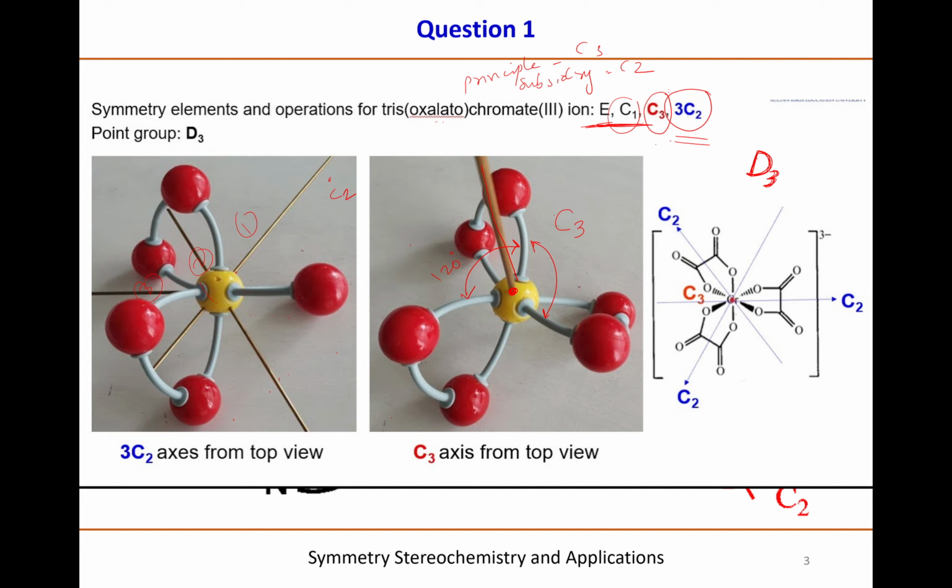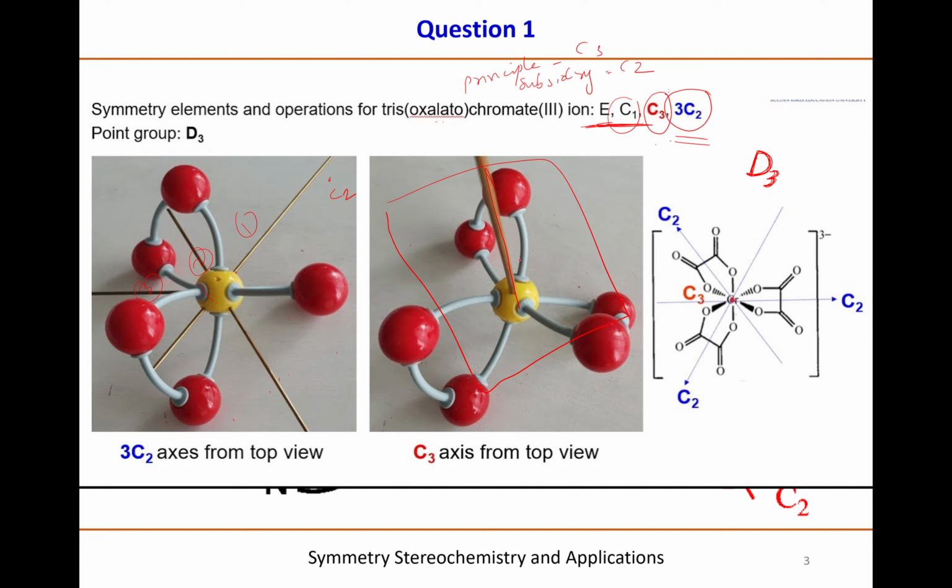Now let's find out the plane of symmetry. Can you find any plane in this molecule? If we pass the plane from the top side, parallel to the principal axis, and pass the plane this way, this side is different and this side is different.